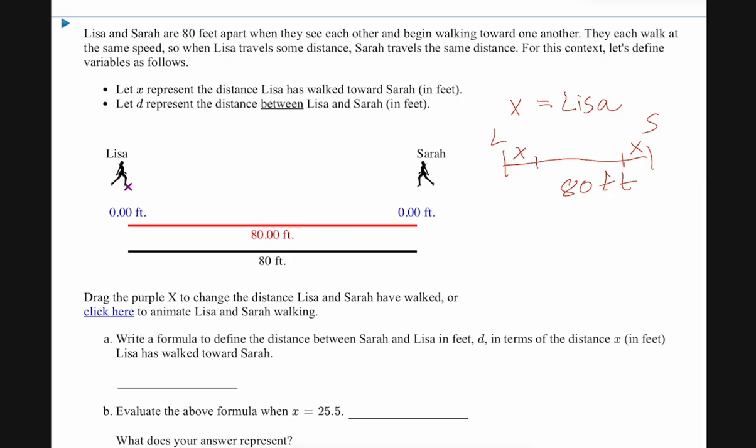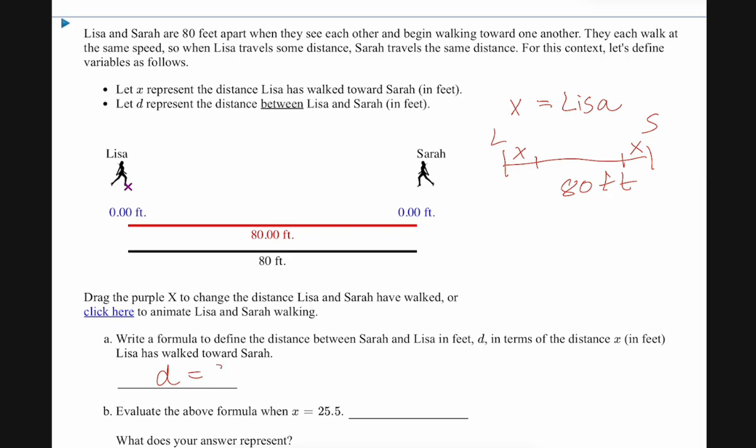So a formula is what we want for A, and it says find a formula to define the distance between them in terms of D if D is the feet that's left between them. So we would have here a formula that represents the distance between Sarah and Lisa in feet, in terms of the distance X that Lisa has walked.